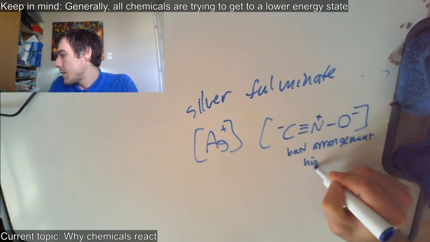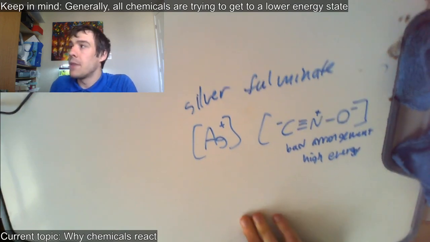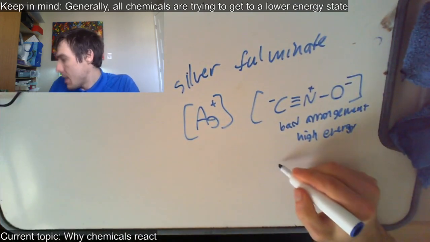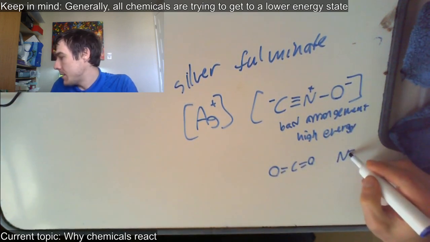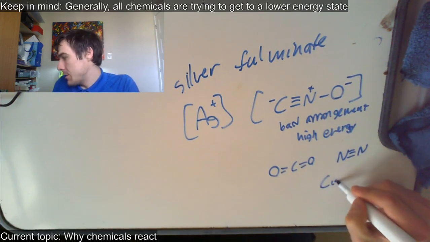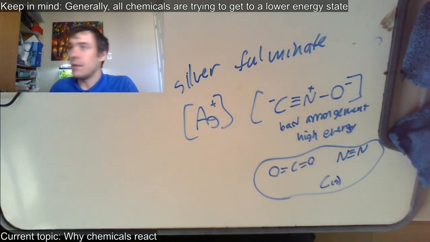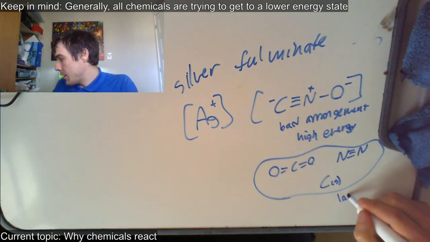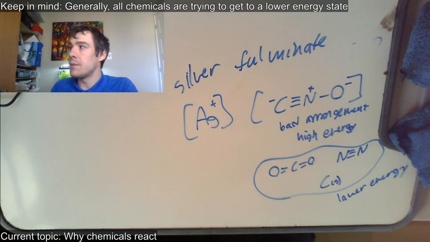So it's high energy. High energy. So it would much rather make stuff like CO2. That's better. Or N2. Or just solid carbon. These are very common, and they're lower energy.